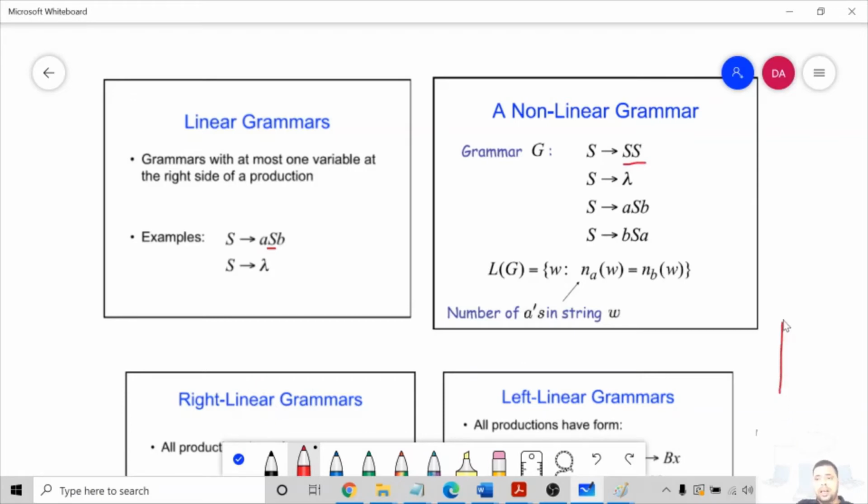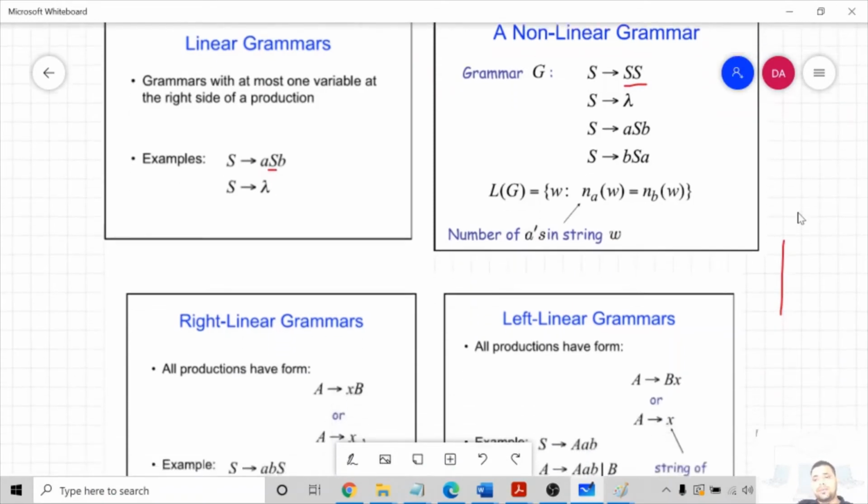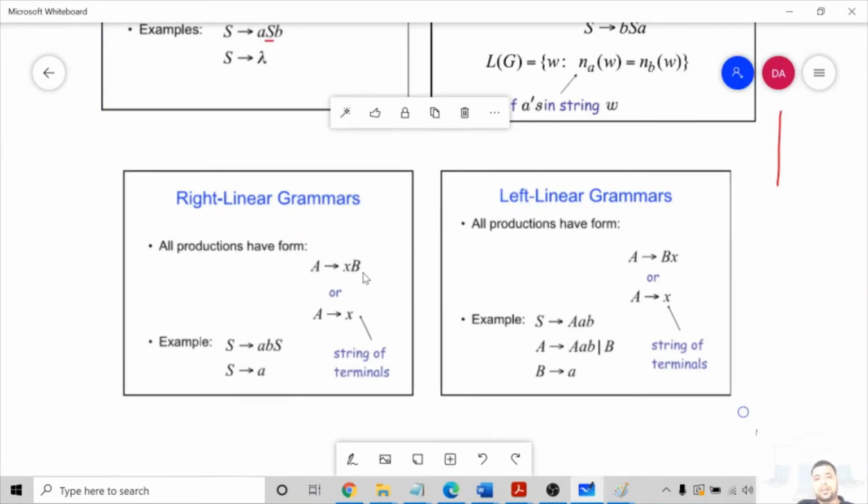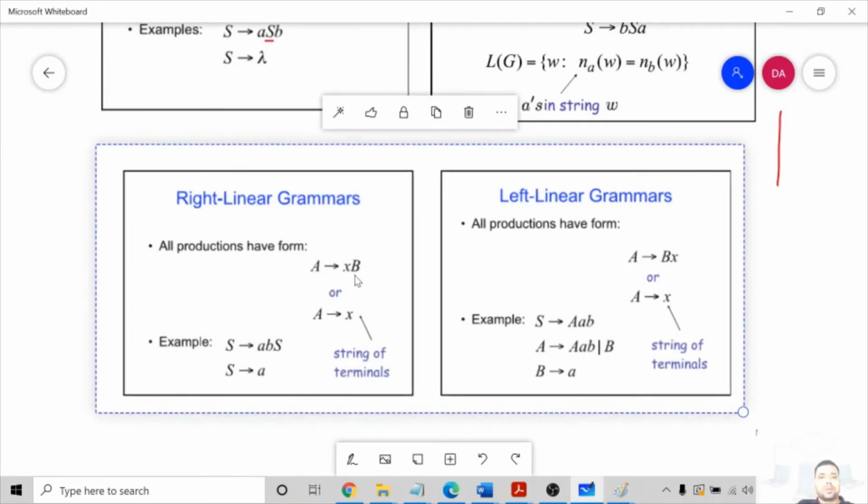As well as we have right linear and left linear grammar. You can see here the variable or the non-terminal appears in the rightmost of the production. So if it is the rightmost, it is called right linear, and if it is in the left, it is called left linear grammar.